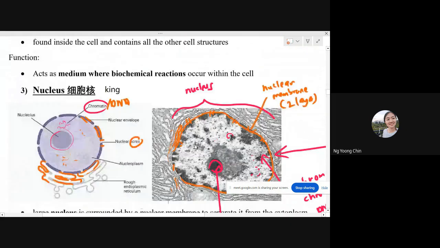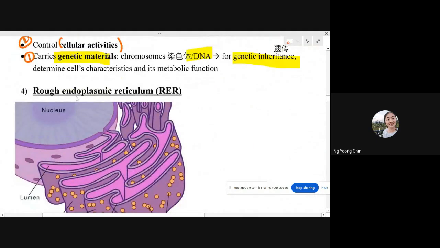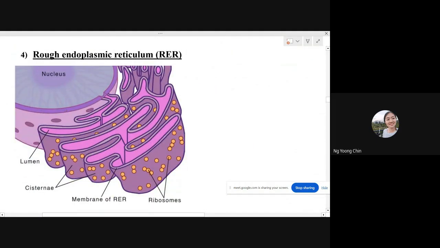Okay, now we talk about the endoplasmic reticulum. See, this is the nuclear membrane. This is inside the nucleus, and this is the chromatin. Chromatin is a thread-like structure found inside the nucleus, and this is the nuclear membrane. There are two layers, right? And you can see the nuclear membrane is continuous to the outside, which means it is connected with the endoplasmic reticulum.